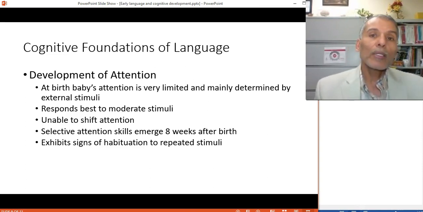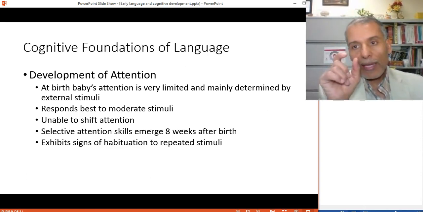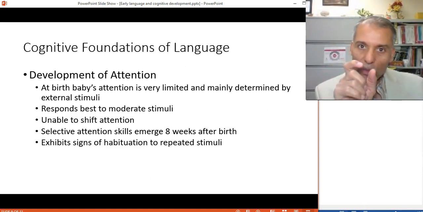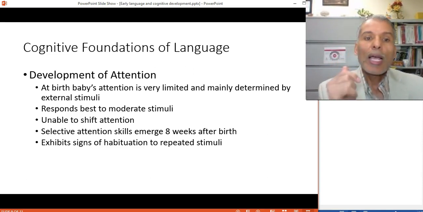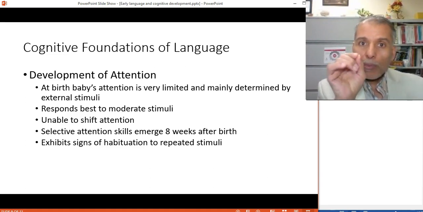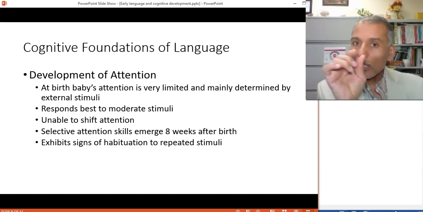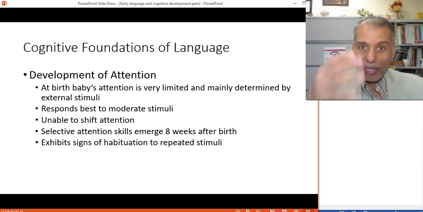But the ability to select a particular thing in the environment and pay attention to it, to search and lock onto something and focus attention on it, that emerges about 8 weeks after birth. And again, the attention span is quite limited. We are speaking about some seconds. Then the child begins to exhibit signs of habituation to things that are repeated.